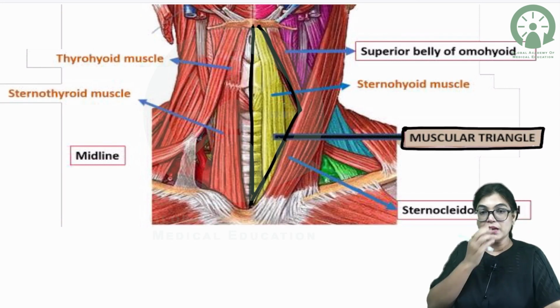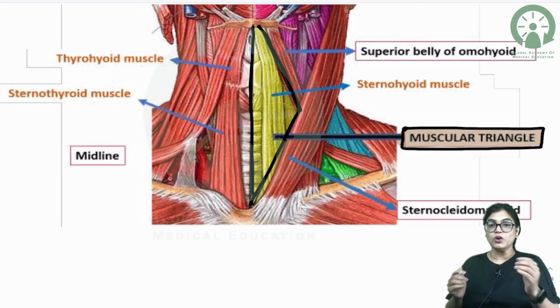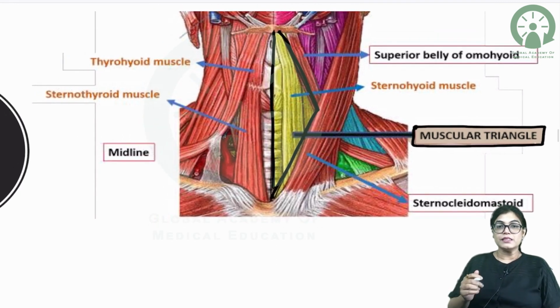Let us talk firstly about the boundaries of it. If I am talking about the boundaries of this muscular triangle, it is bounded anteriorly by the anterior neck midline.